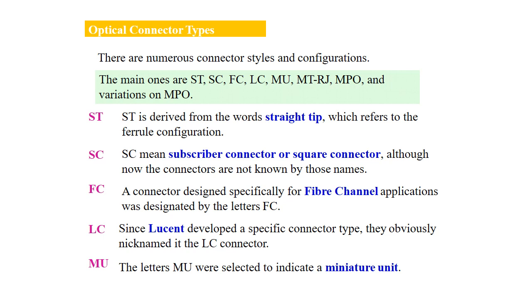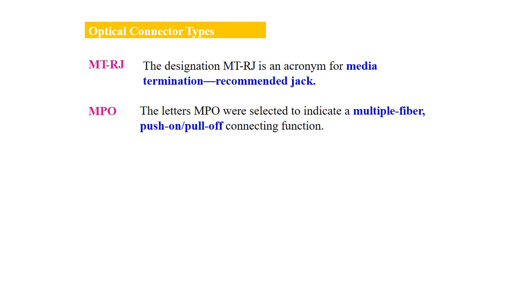LC means Lucent, which developed this specific connector type. They obviously nicknamed it the LC connector. Next one, MU. The letters were selected to indicate miniature unit. And the MT-RJ. The designation MT-RJ is an acronym for Media Termination Recommended Jack.